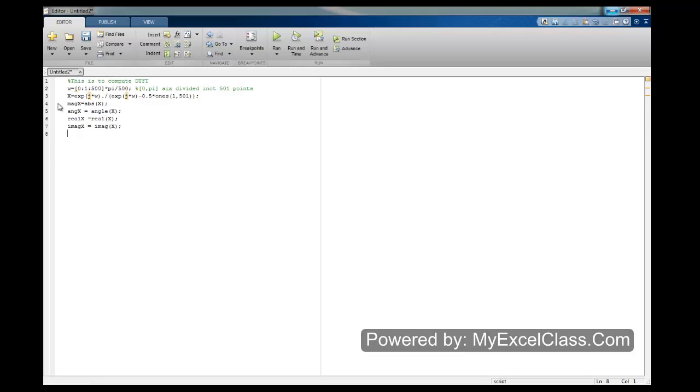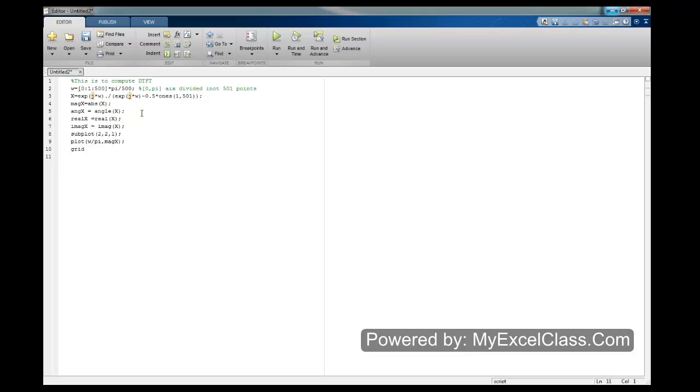Okay, now creating subplot 2, 2, 1, bracket close. Plot w divided by pi, comma, mag of capital X. Okay, I'm gonna put the grid on.